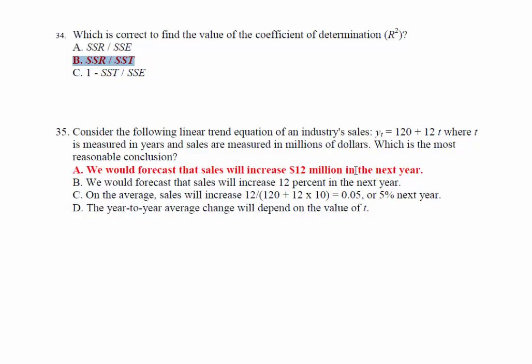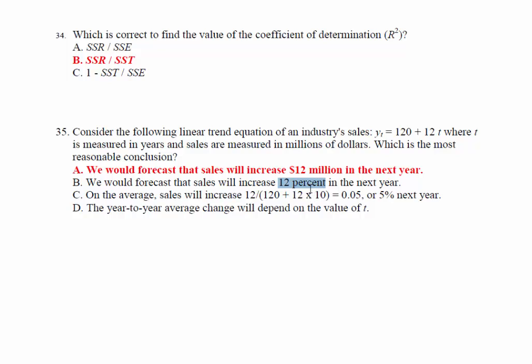Why? Next year, meaning one more year, right? So T is 1. If T is 1, 1 times 12 gives you 12. That increases Y. So the sales is indeed going to increase by 12 million. We will forecast the sales will increase at 12%. Again, we look at the previous example.